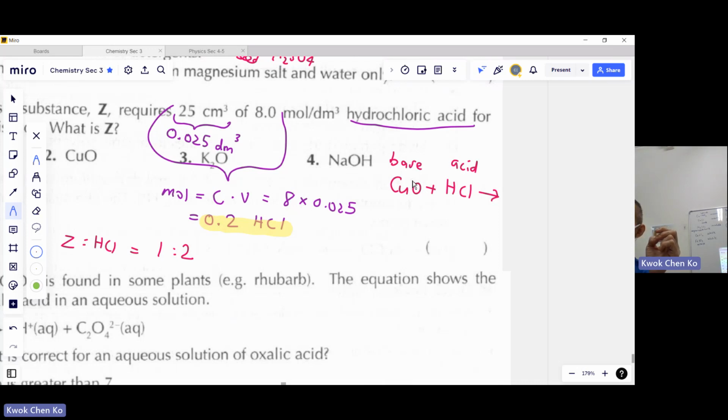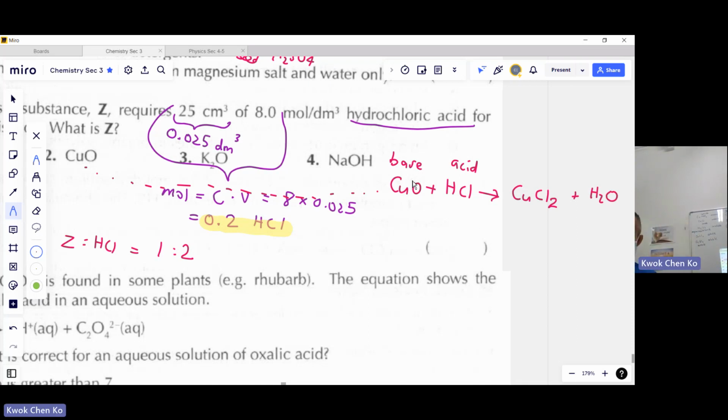Alicia, what are the products? Good. Formula. Don't forget the 2 because copper is 2 plus, chloride is 1 minus. Okay. And the other product.